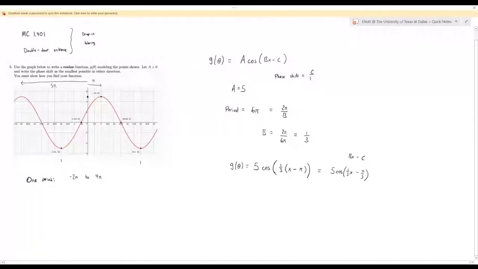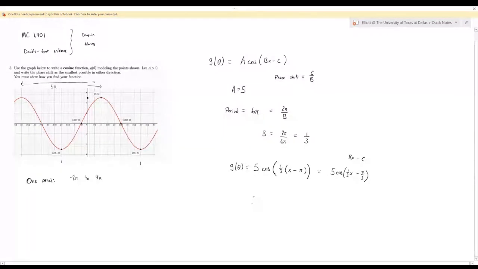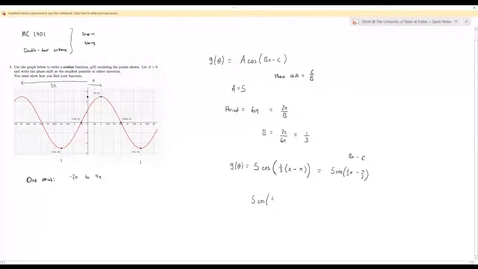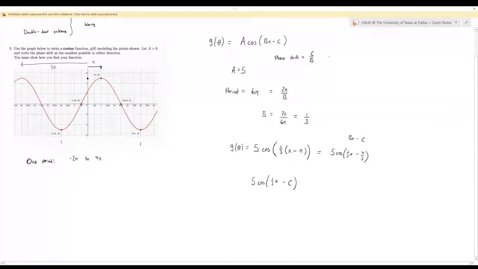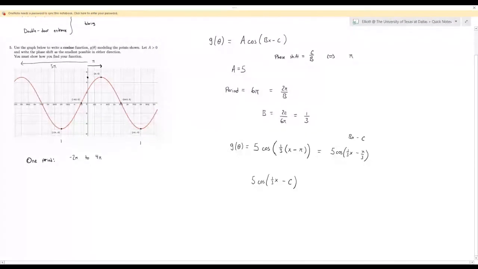So the phase shift is c over b, right? So perhaps we could have done it like this as well. Let's say I set up my equation to look like this right now. The last thing to do is to figure out what c should be equal to. Once we figured out the shift was to the right by pi units, we could have said up here that the phase shift was pi.